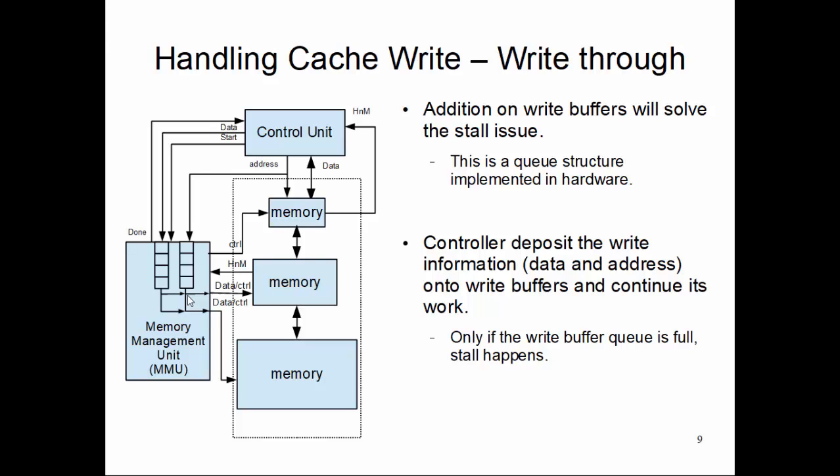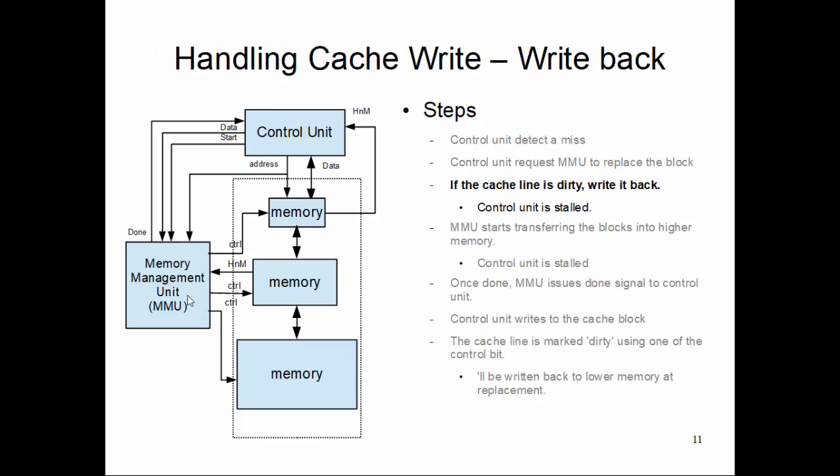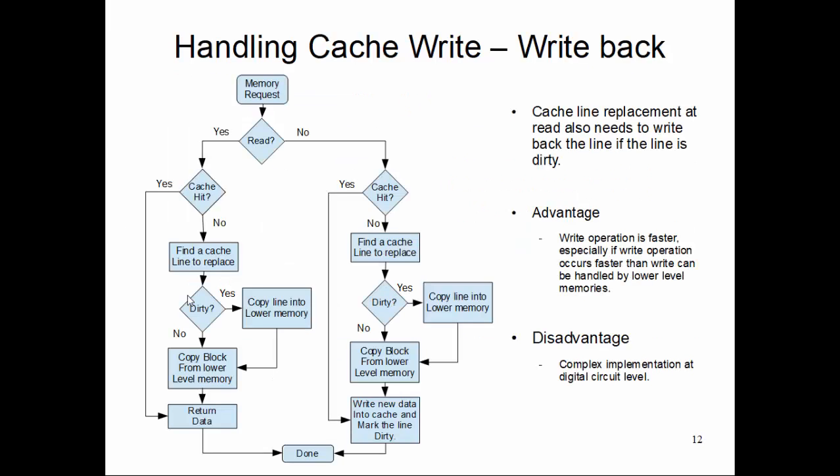One is to increase the depth of the queue, maybe from 5 to 10, and hope that solves the problem, or switch to the write back policy. Okay, so that's what we are trying to point out here.